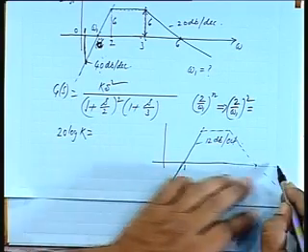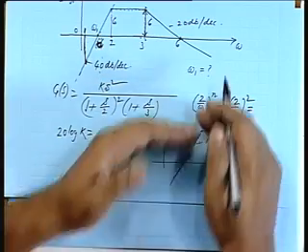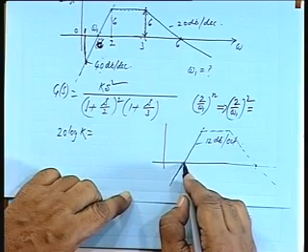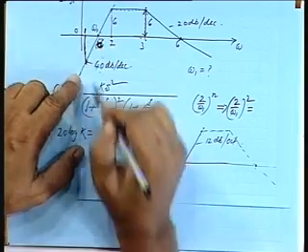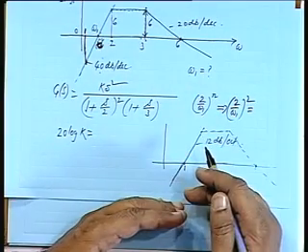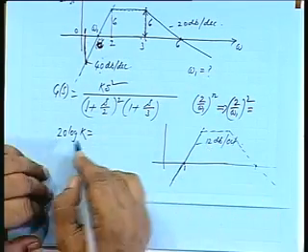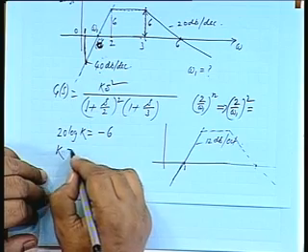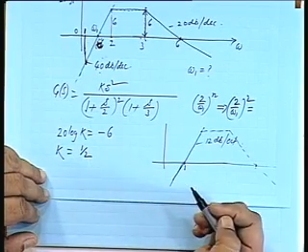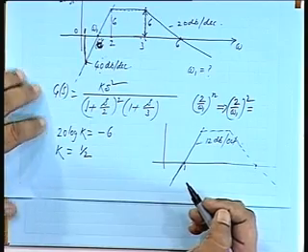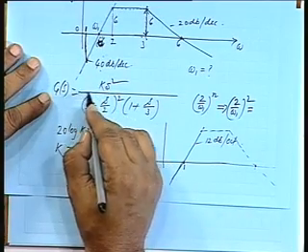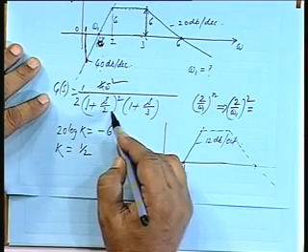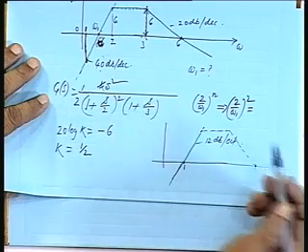This would have taken place much later, but this has been pushed down by 6 dB, and instead of hitting 0 at omega equal to 1, it is hitting 0 at 1.4. It has been pushed down by how much? 6 dB. So 20 log of k is minus 6. So how much is k? Half. So the desired function is k equal to half. So I write half of s squared into 1 plus s by 2 whole squared into 1 plus s by 3.